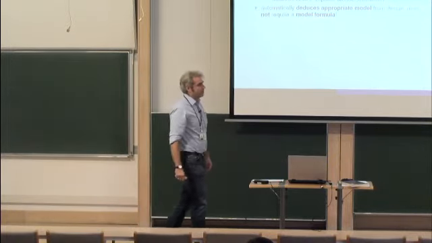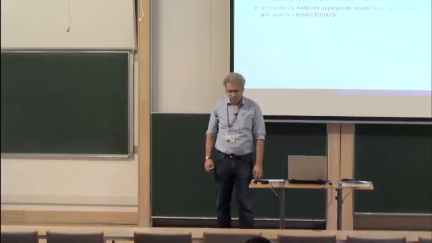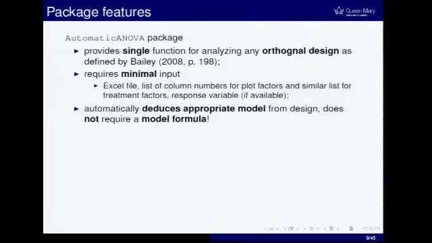Now, I think the most important bit of what I refer to as automatic ANOVA is that the program, from a list of some factors, automatically deduces the appropriate model and carries out the analysis.